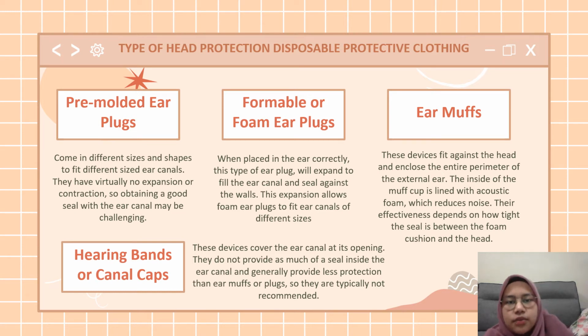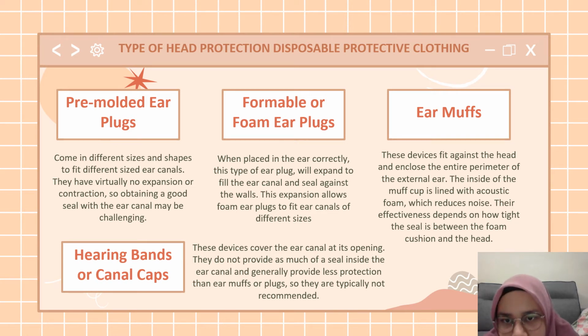The next is formable or foam earplugs. When we wear the earplug correctly, this type of earplug will expand to fill the ear canal and sit against the wall. This expansion allows the foam earplug to fit ear canals of different sizes.